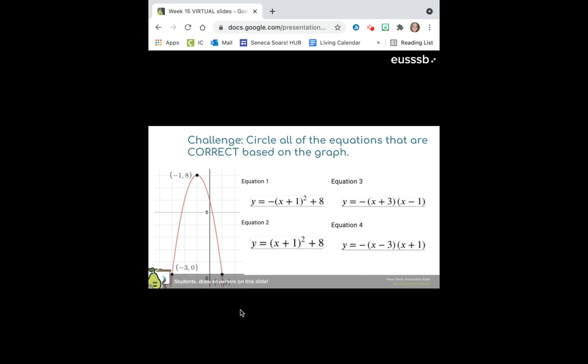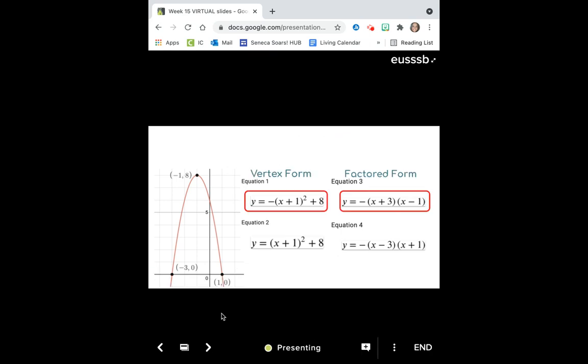Give you about 30 more seconds on that one. All right, so the correct answers there are going to be equation 1 and equation 3.